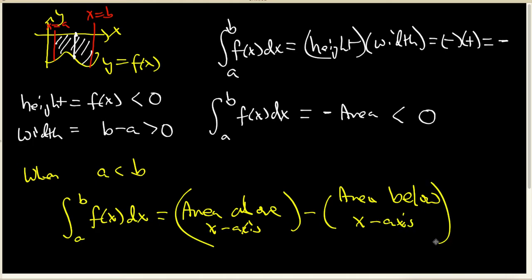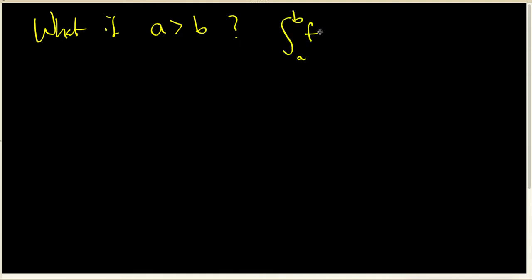And so we know how to interpret this particular kind of notation when we're integrating in the correct direction. Well, what I want to look at now is what happens if we try and integrate in the wrong direction. So what if our lower endpoint is bigger than our upper endpoint? Does this set of symbols still have any meaning?